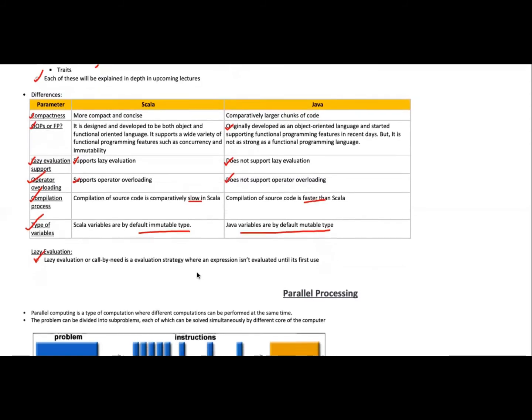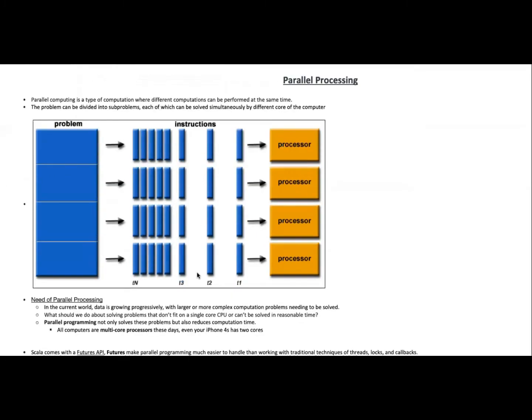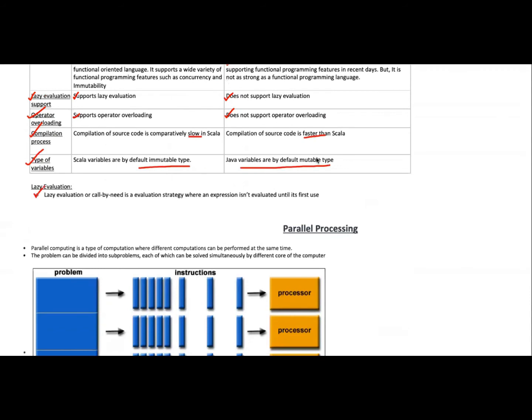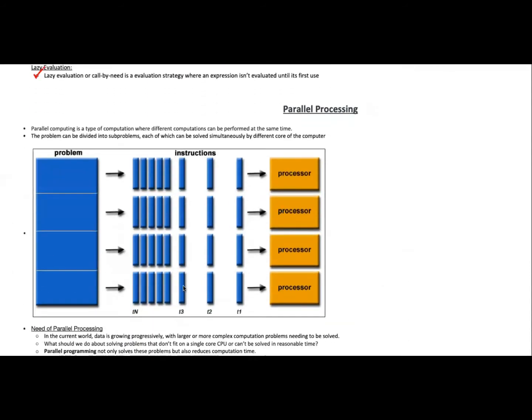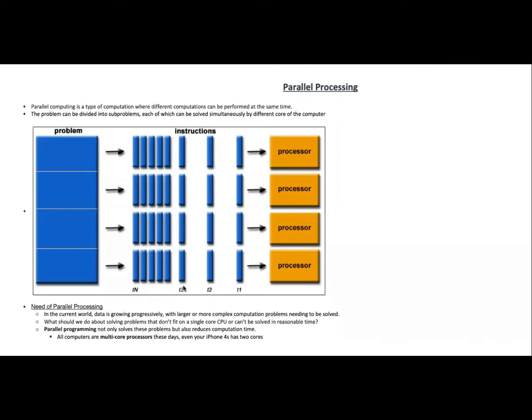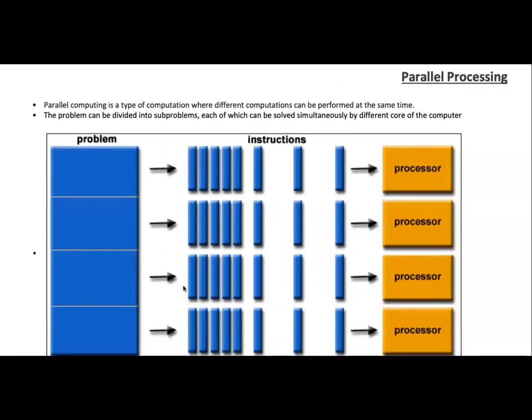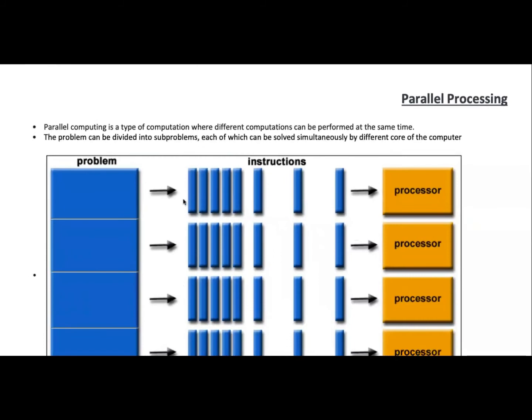Let's look at parallel processing, and then we will move to the mutable state, in which we will also cover the mutable and immutable types. Let me show you. You can see all these statements very clearly. Parallel computing is a type of computation where different computations can be performed at the same time.